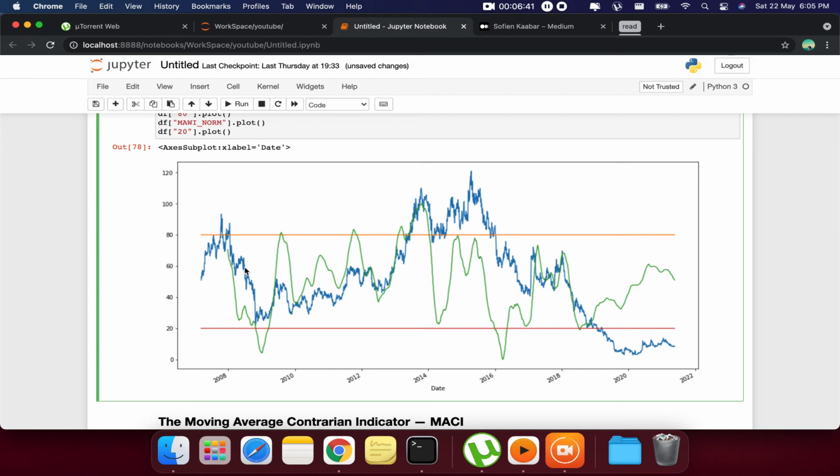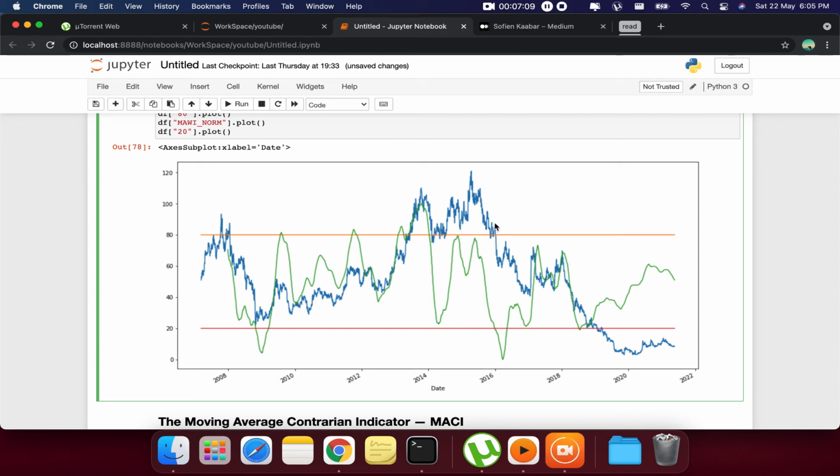When there was a huge downtrend, it gave a sell signal. If we had captured this during this time, we could have made a profit, because after that it went for a positive, bullish trend. Again, there was a huge bullish trend here, and then there was a bearish trend, and it gave the signal beforehand.